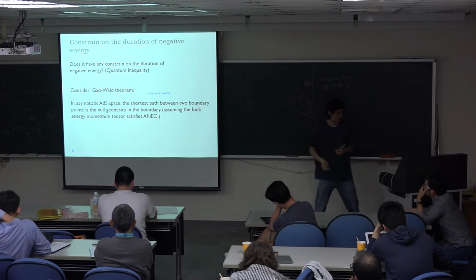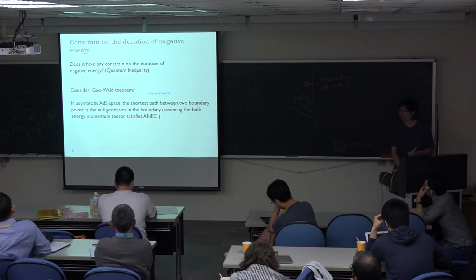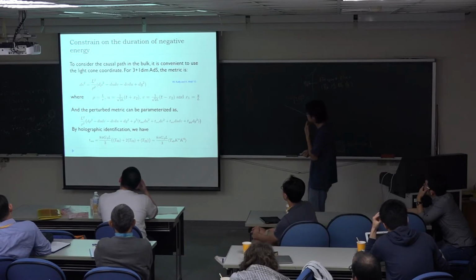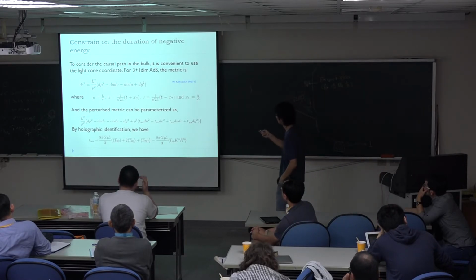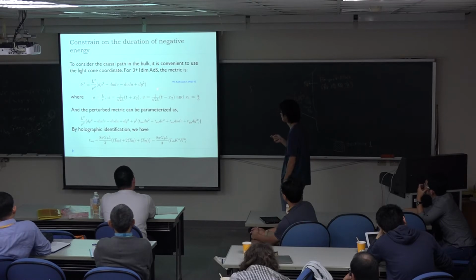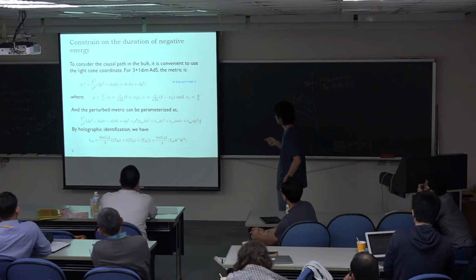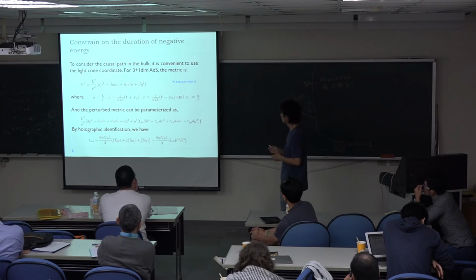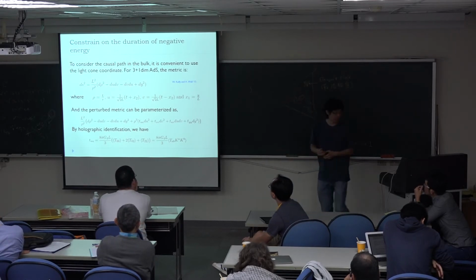Using this geometric property, you can show that this is the method of Kelly and Wall, as I mentioned earlier. They proved the averaged null energy condition using the condition from AdS geometry. But we'll follow their procedure, with a small change. Then we'll get some constraint on local energy density.